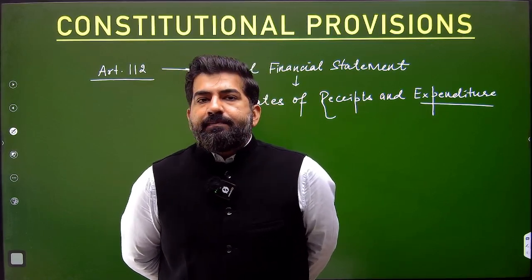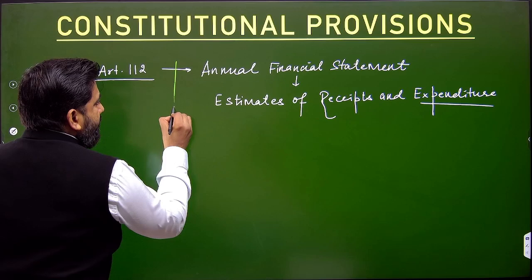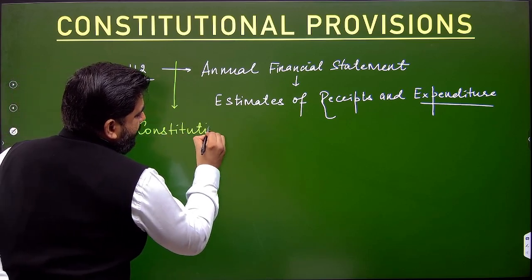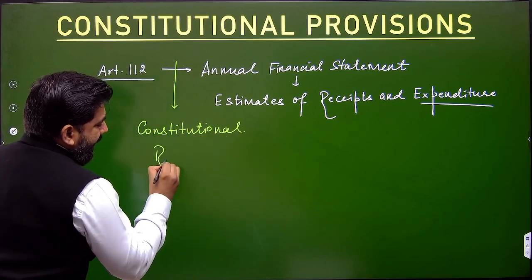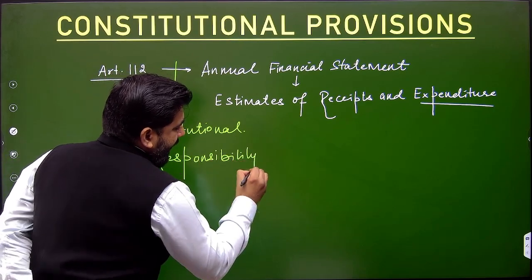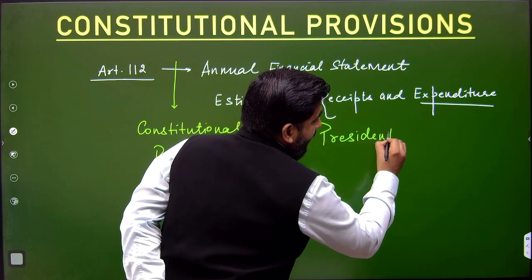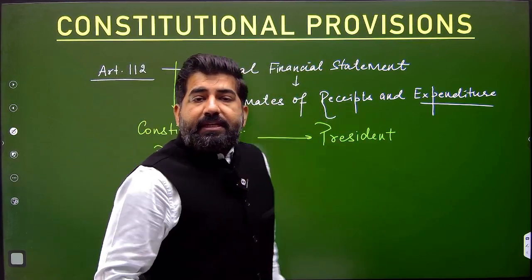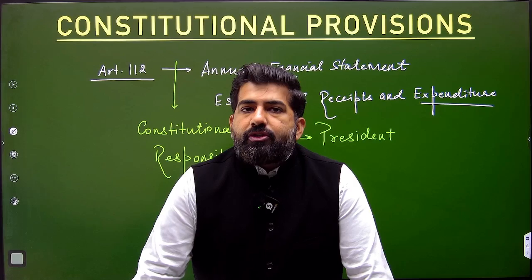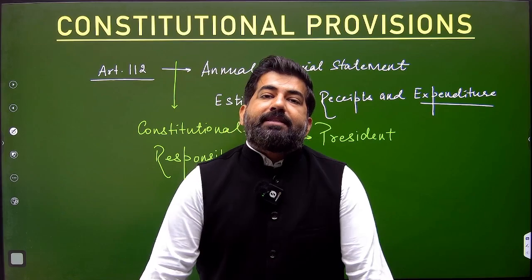What does that mean? The constitutional responsibility of ensuring the budget is laid down in the parliament is conferred on whom? That is conferred on the president, guys. Although you must have seen today that the budget is presented by the Minister of Finance, the responsibility actually lies with the president.